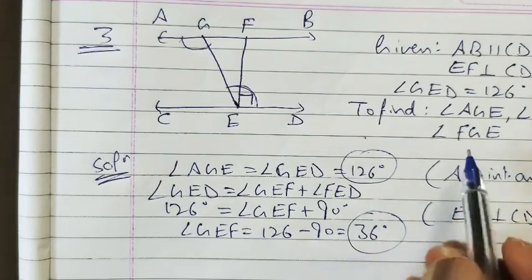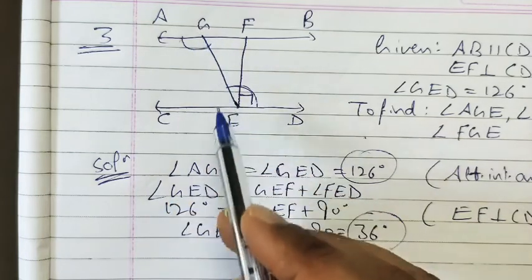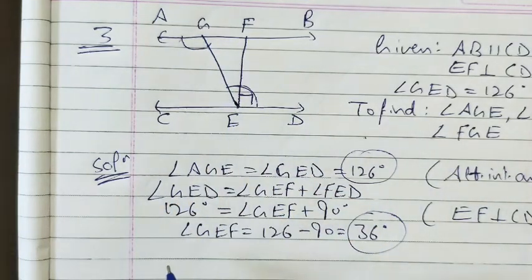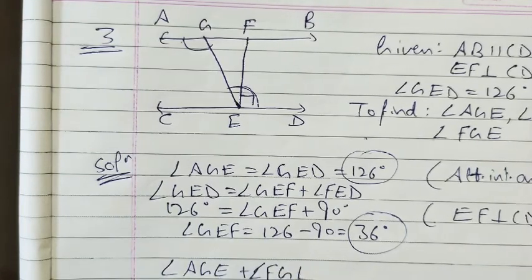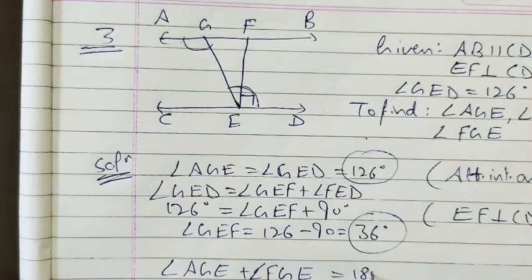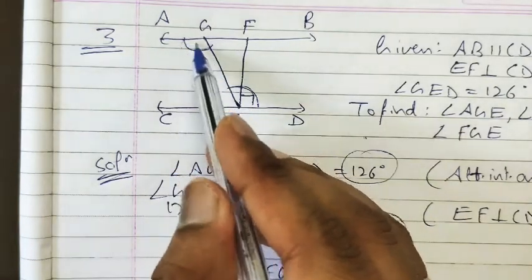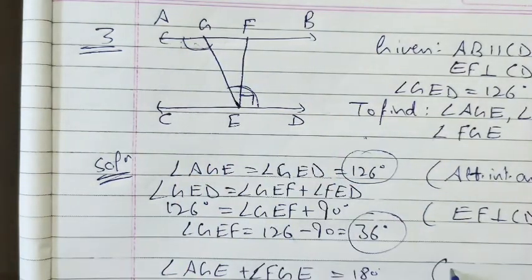Now next we have to find out FGE. We know that angle AGE plus angle FGE is equal to 180 degrees. Reason being linear pair, angles on a straight line.